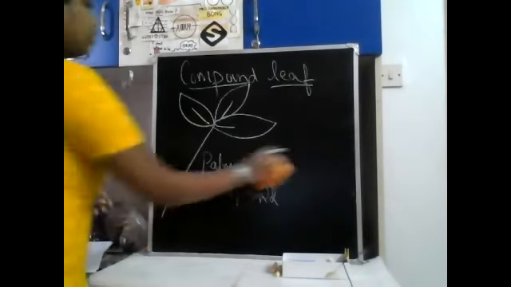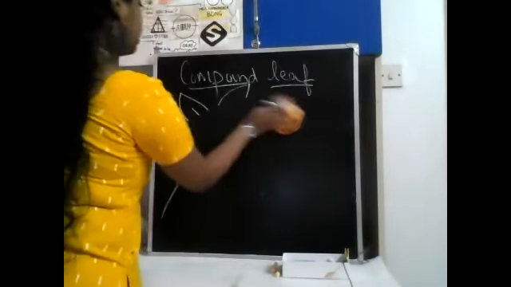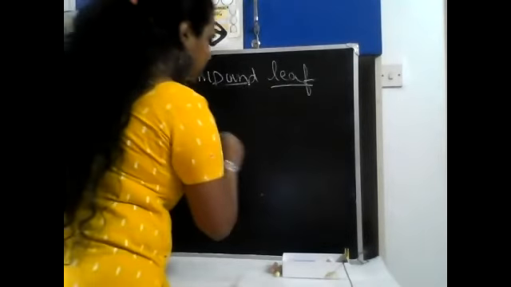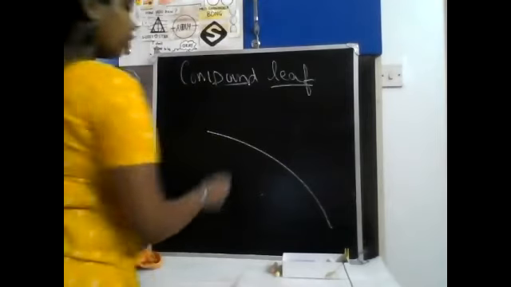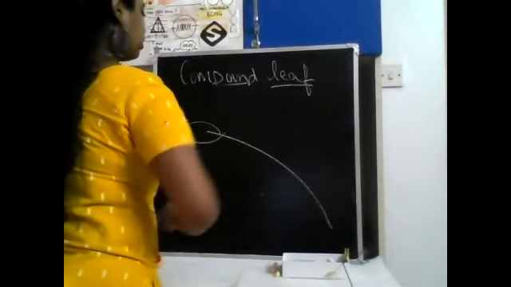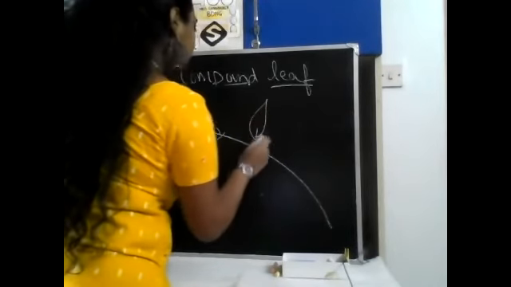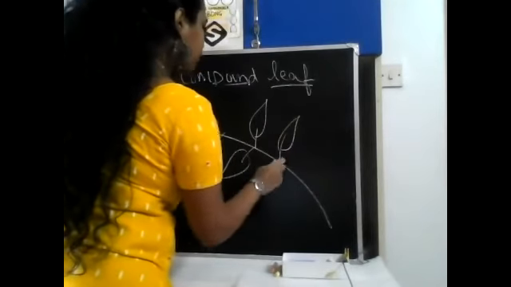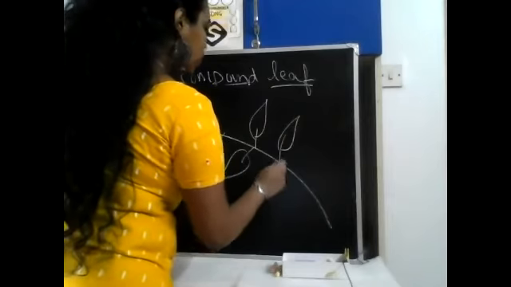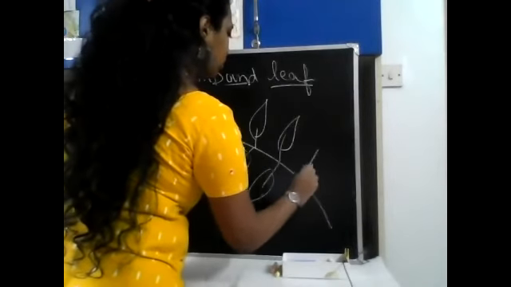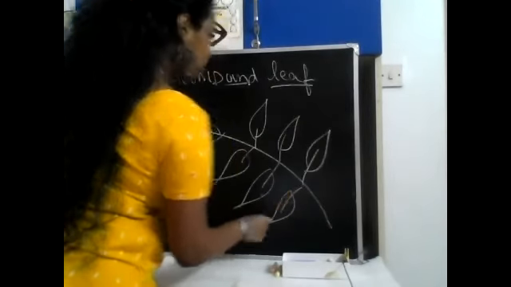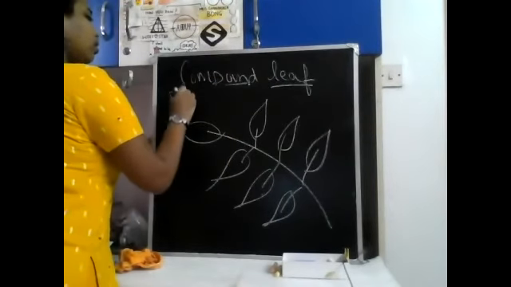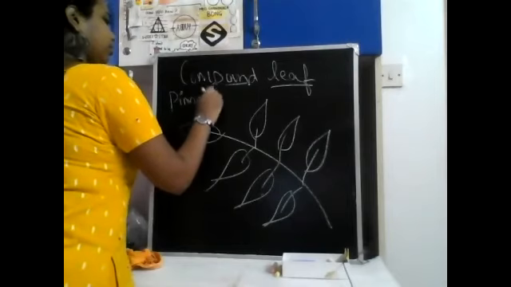Okay? Next, another type of compound leaves is when you have maximum 2 or 3 leaves from each point. These kinds are called as pinnately compound.